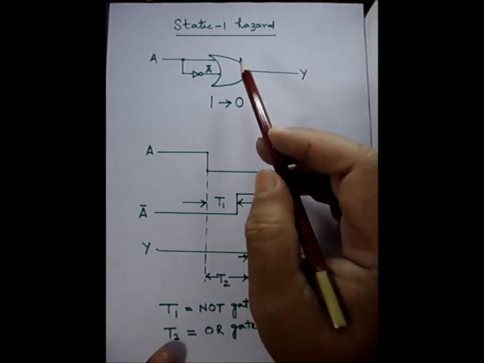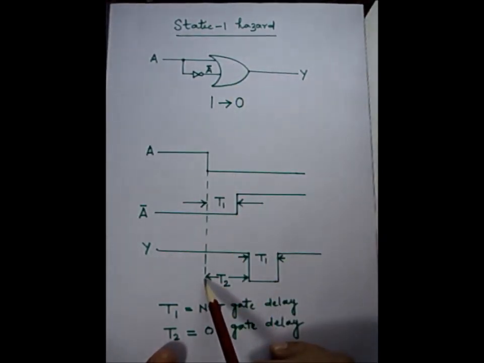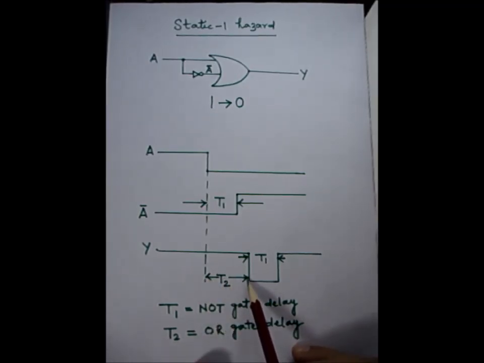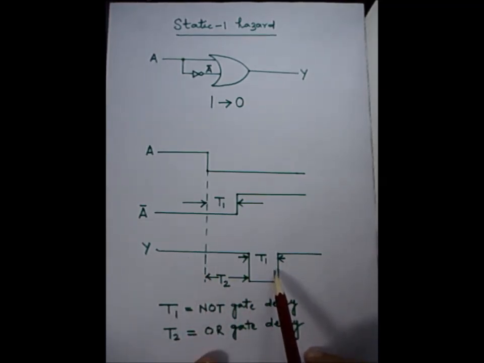That is because there is a delay in the OR gate also. Therefore, after a period of T2, that is reflected in the output. That is shown here in the output of the OR gate. T1 is the NOT gate delay and T2 is the OR gate delay.